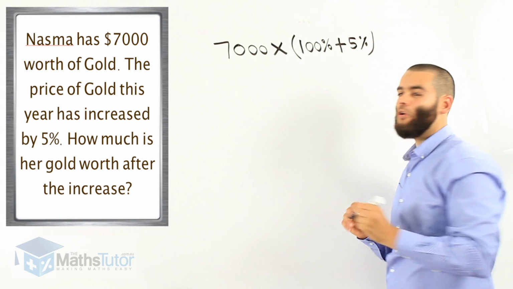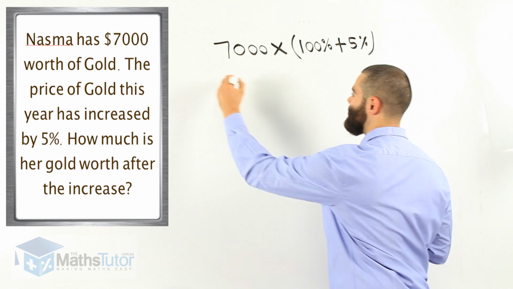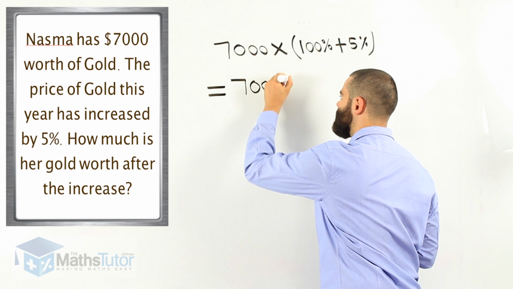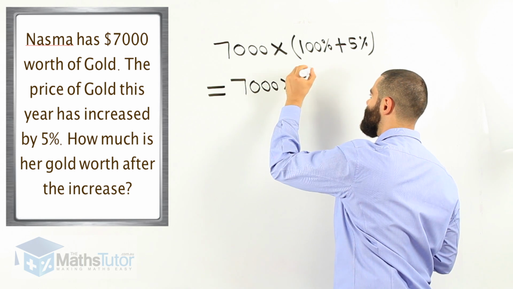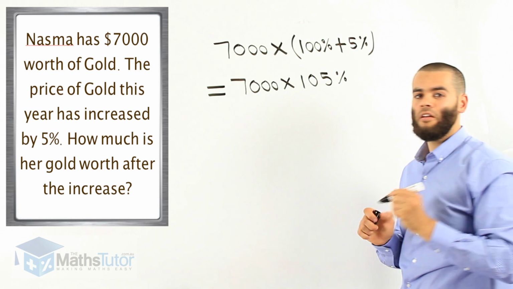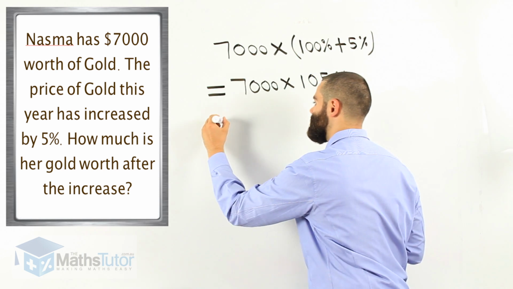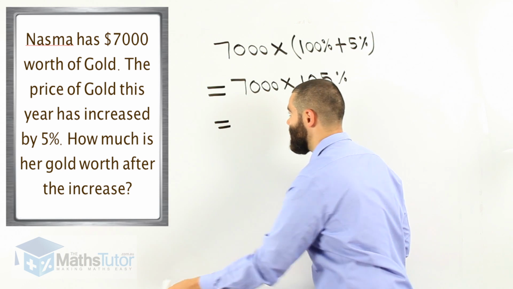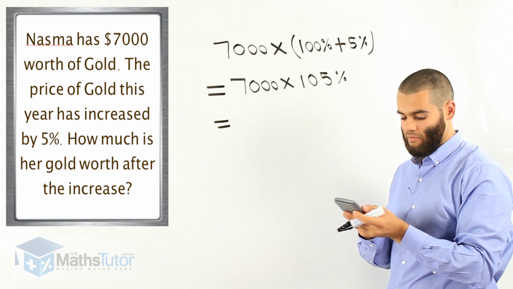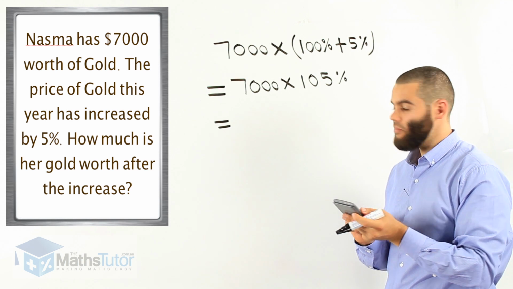Remember, the rule is we always add 100 when we're increasing. 7,000 times 105%. Multiply it. We'll do it together. 7,000 times 105%.